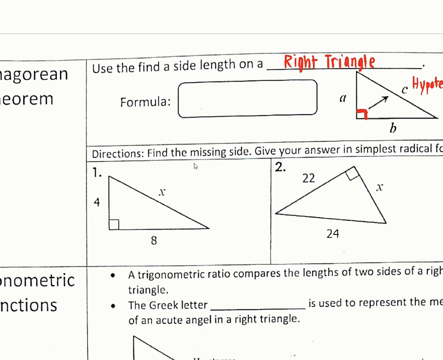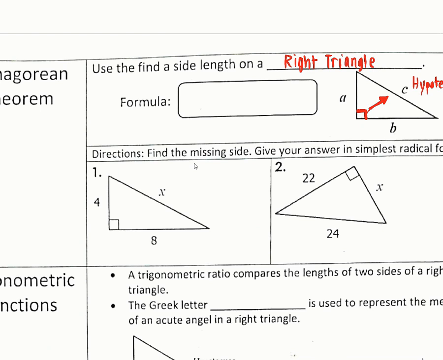It's always opposite the 90 degree angle. What else do you know about the hypotenuse? It's always the biggest side, right? Y'all know that? It's always across from the 90 degree angle. It's always the biggest side.